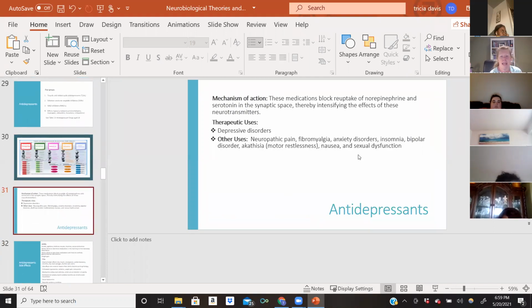So they work by blocking the reuptake of norepinephrine and serotonin in the synaptic space. Therefore, it's going to intensify the effects of these neurotransmitters because they're not going to be able to reuptake it. There's just going to be more there. So besides depressive disorders, we also use this in patients that have neuropathic pain, some patients that have fibromyalgia.